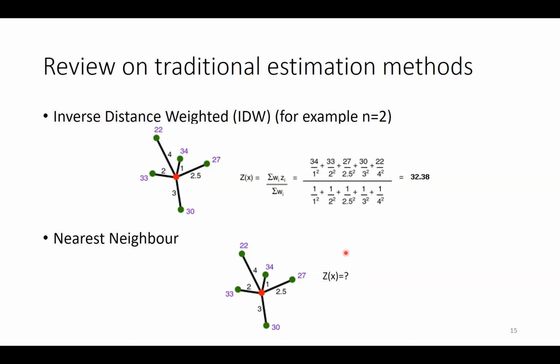Another estimation method is the nearest neighbor estimator. We pick one data point as the nearest sample according to distance. Which measurement do we pick for the estimation of this point?